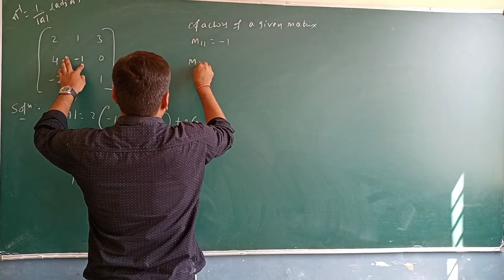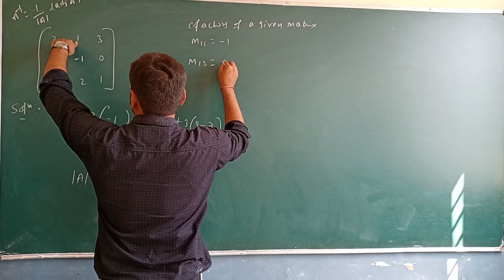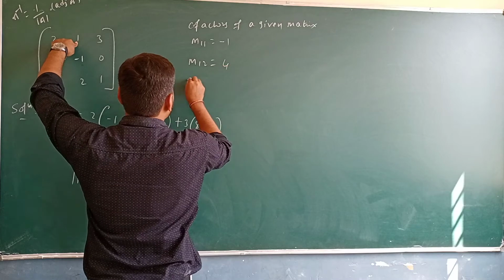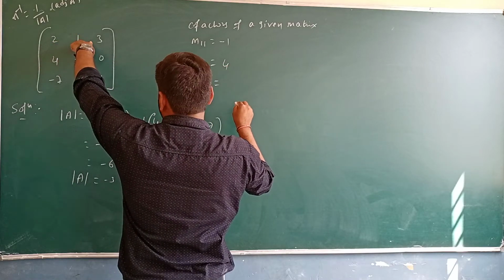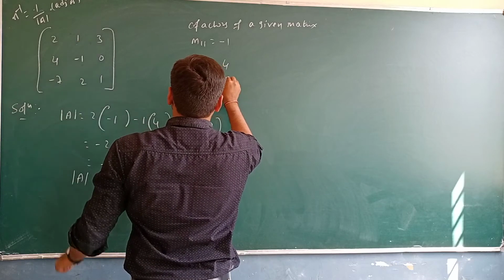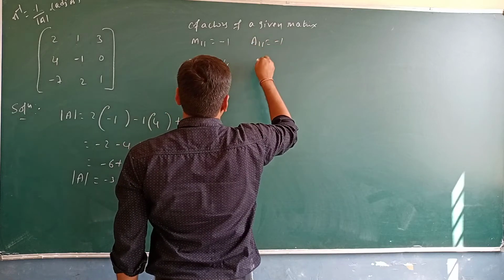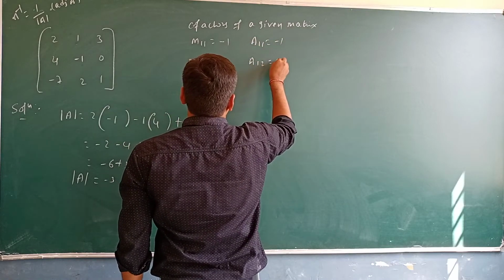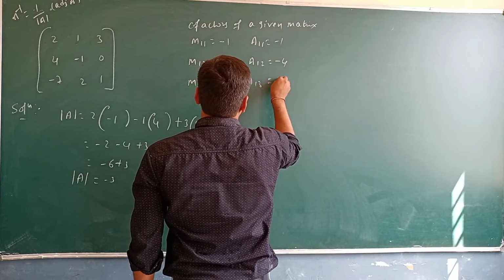Then M12 is equal to 4 minus 0, that's going to be 4. Then M13 we are getting with the 8 minus 7, that's going to be 1. So then the corresponding cofactor A11 is equal to minus 1, A12 is equal to minus 4, then A13 is equal to 1.